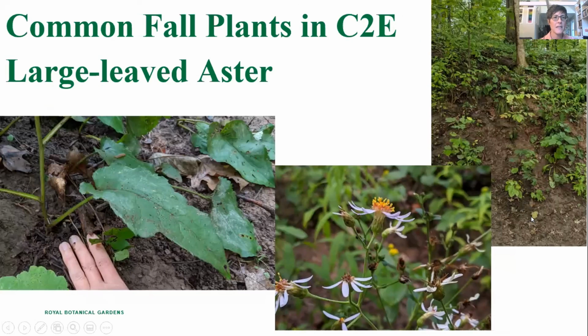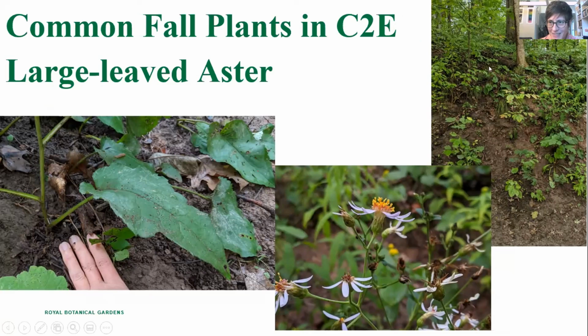Next, you will see the large leaved aster. You will first notice these pretty aster flowers here. They are white to purple, and they grow in pretty wide, loose clusters. And then you might notice leaves that look like hearts with a very long tip. And you might notice that there's a lot of them.